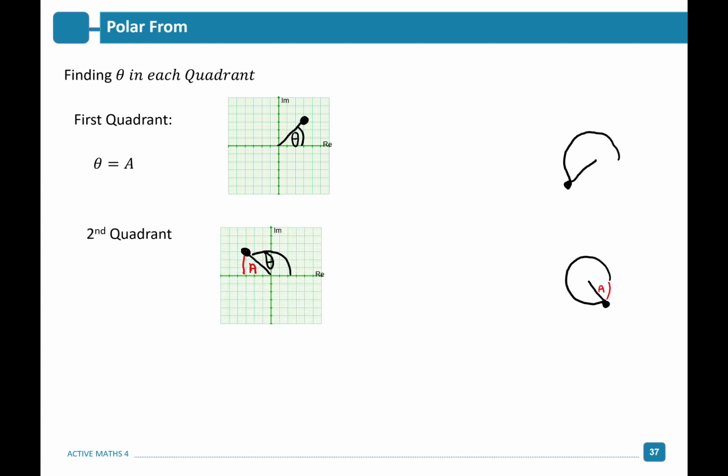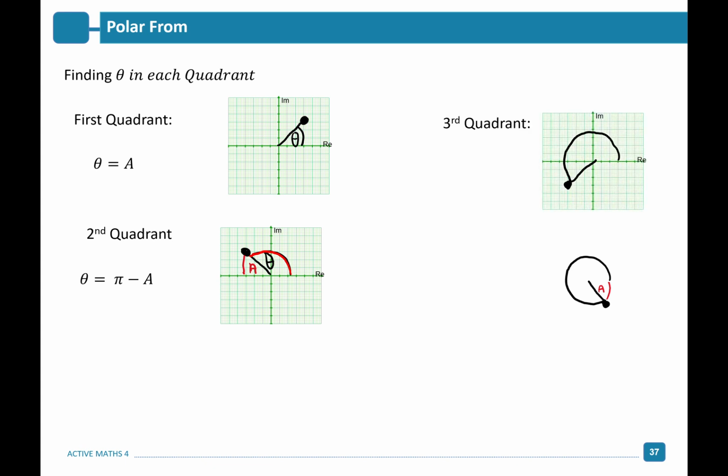If your complex number lies in the second quadrant, to find theta, i.e. the argument, which is the angle from the positive x-axis, as you can see in my diagram, we subtract a from pi. Because we want the measure of the angle from the positive x-axis, we have found this measure, so we subtract it from pi, 180 degrees.